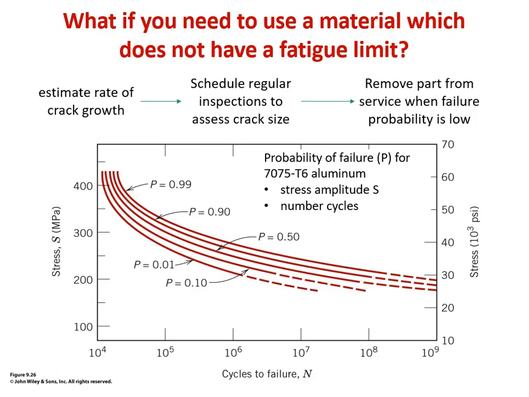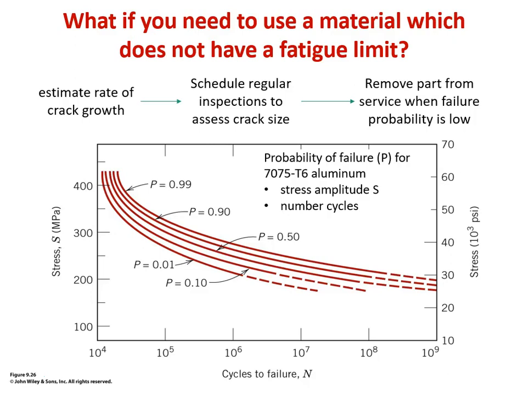So, what if you need to use a material which doesn't have a fatigue limit? This is what we were just talking about. Here are some probability of failure curves for a very typical old aircraft aluminum alloy, a 7075, used in the T6 heat treatment, which is very strong. This has been precipitation hardened for close to maximum strength.